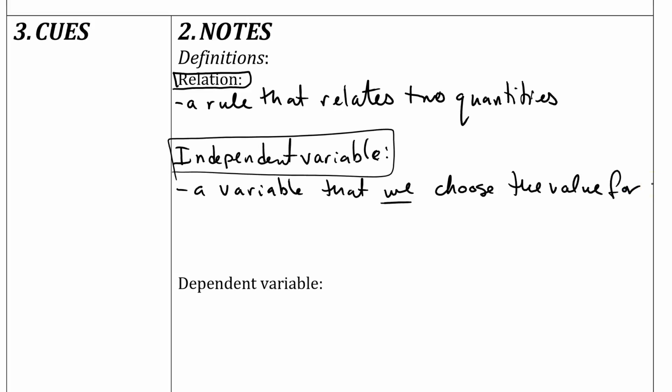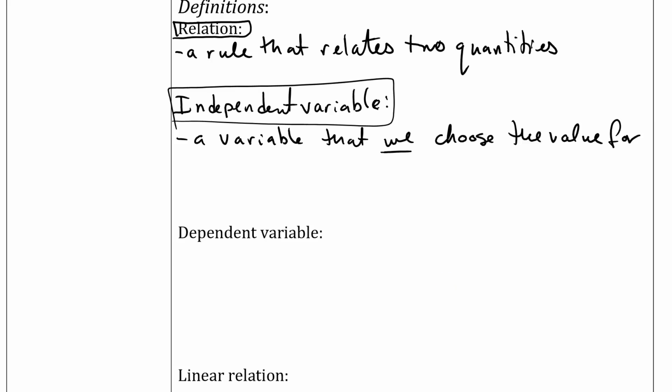If we're talking about a taxi ride, we choose the number of kilometers and the equation at the end will spit out the cost. Or if we choose a figure number, say in the case of that worksheet that we did for the previous section, we choose the figure number, and the equation will tell us how many toothpicks it takes to create that figure.